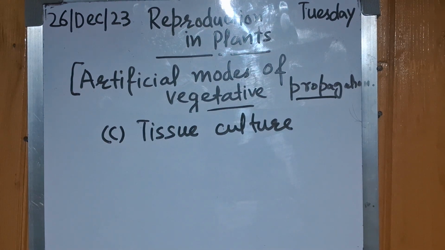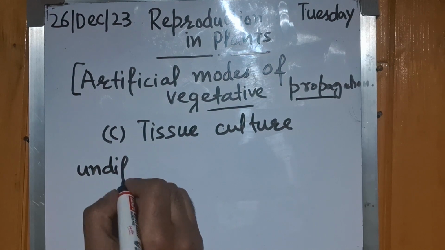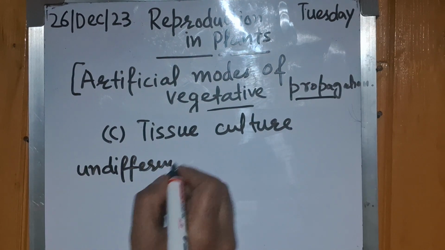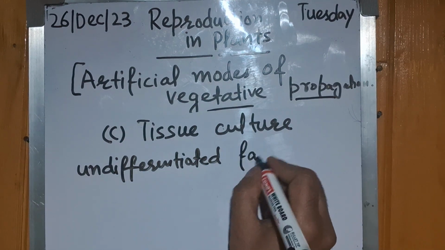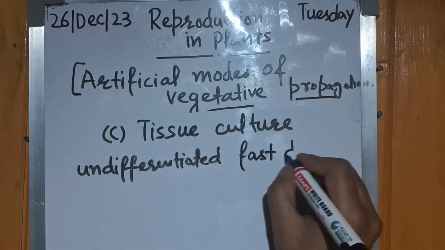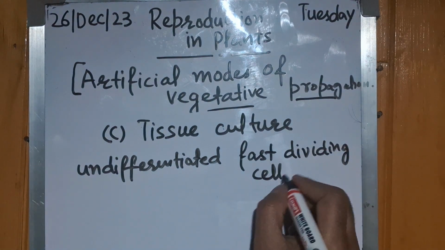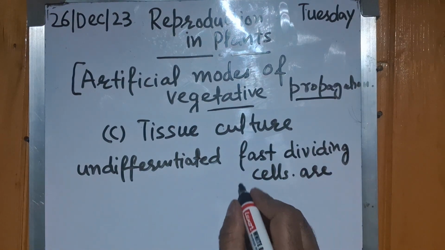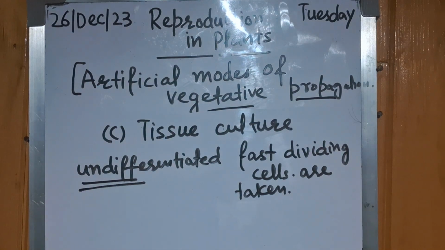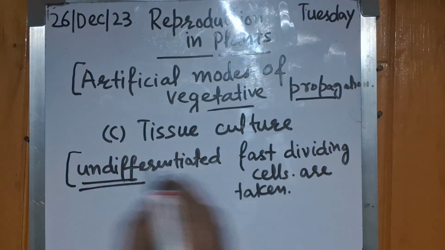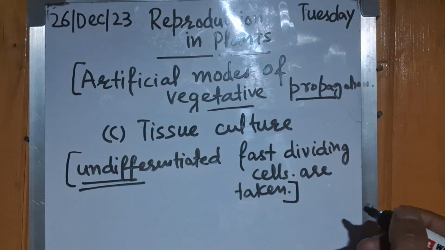In this, an undifferentiated mass of fast dividing cells is taken from certain parts of plants where there are undifferentiated cells. Undifferentiated cells are those cells which have not yet differentiated into a particular type of cells.